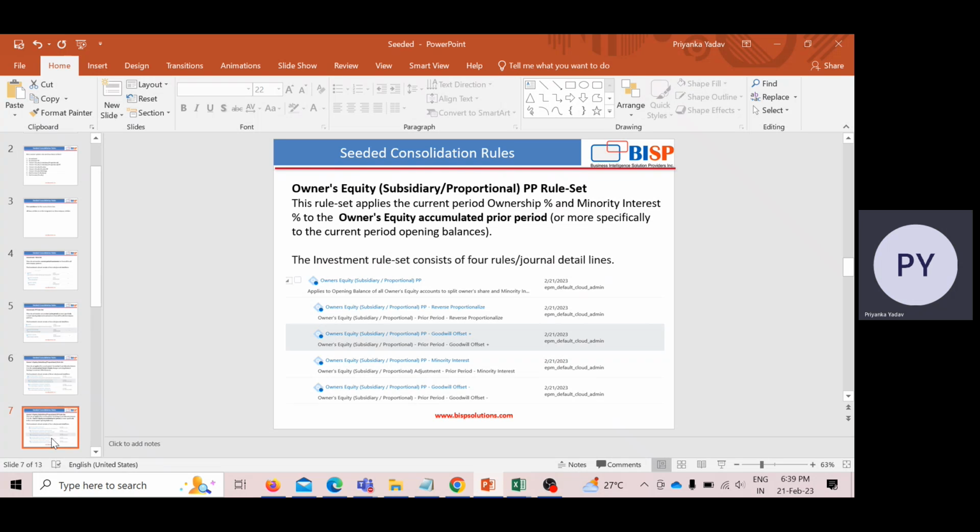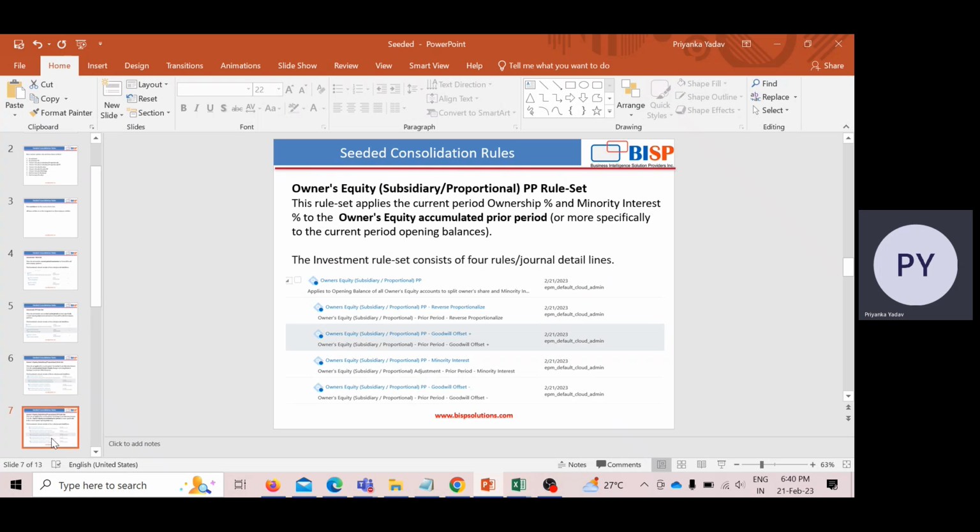Next is owner's equity, subsidiary or proportional method, PP rule. This applies on ownership change to the owner's equity accumulated from prior period, that is carried forward in the opening balance. It assumes that the owned company is an ongoing entity and only the ownership relationship has changed.